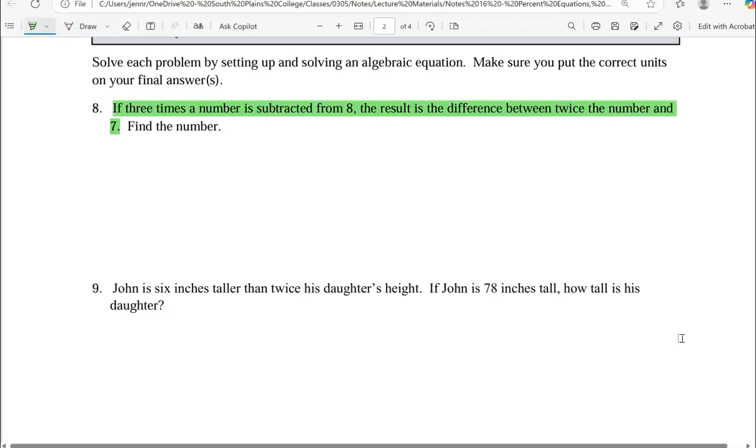Well, the first thing we want to do is get those words into our math. So it says 3 times a number, 3 times x is subtracted from 8. But remember that subtracted from is one of those that I need to stop and switch this order before I continue. So I need to switch this as 8 minus 3x.